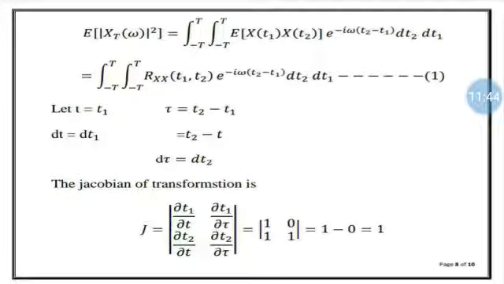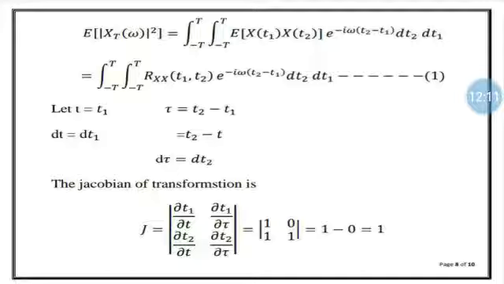Now, the expected value of the modulus of X_T(omega) the whole square equals the integral from minus T to T, integral from minus T to T, of the expected value of x(t1) into x(t2) into e power minus j omega into (t2 minus t1) dt2 dt1.